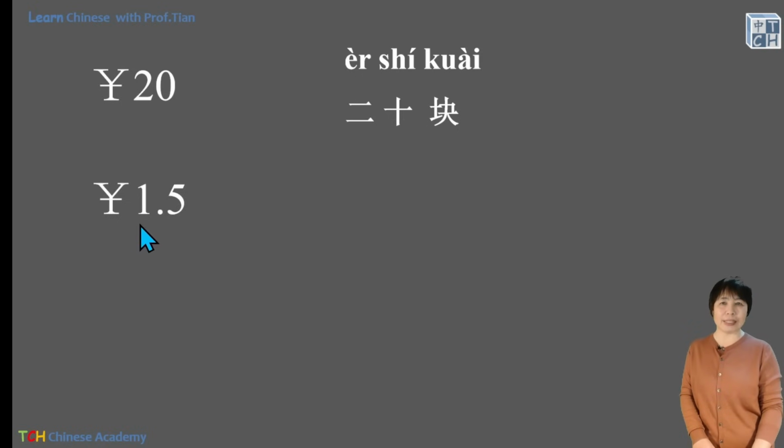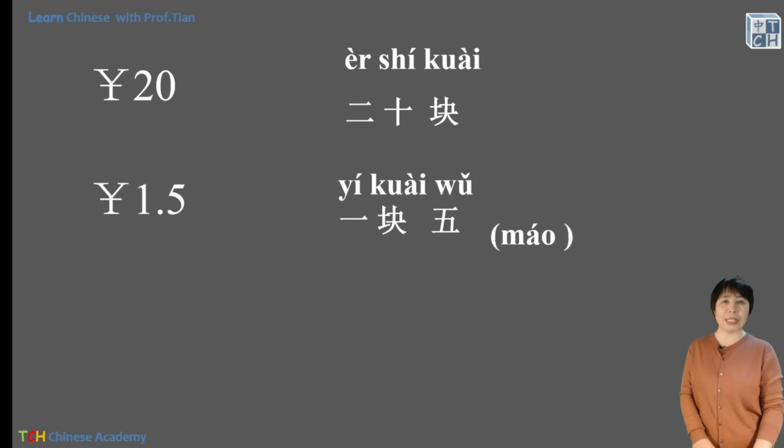And this one, it's one kuai, and this is 50. This is the next unit. So we say 一块五. Actually, it means 毛. But in practice, we kind of omit this 毛 because we want something easy and short.